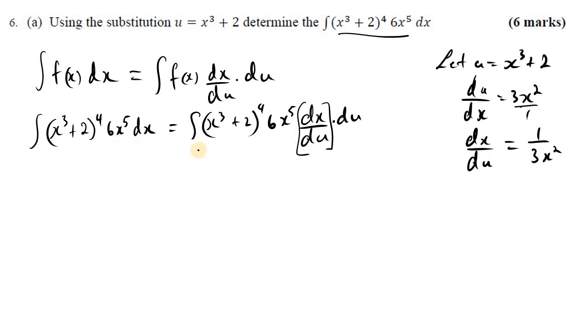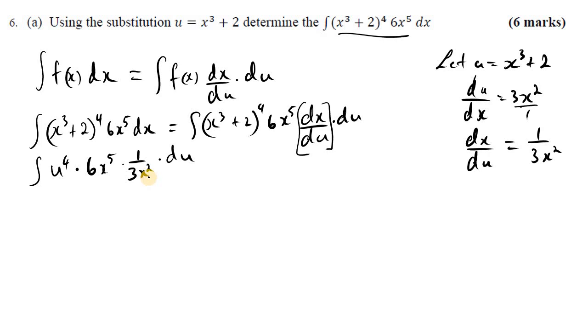I'm going to put this here, integral of, I'm going to replace this with u to the fourth power, multiplied by 6x to the fifth, the dx over du, I'm going to write it as 1 over 3x squared, and put back the du here. This is just one method of doing it, and I find this is very useful.